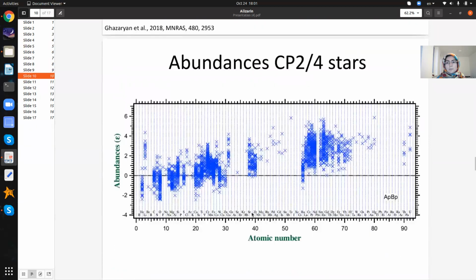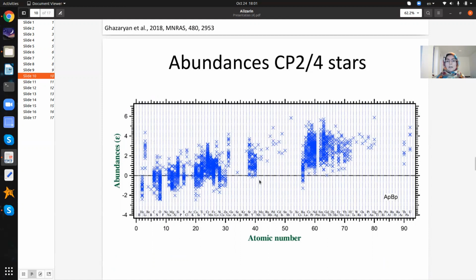But for CP2 stars up to CP4 stars, which have a magnetic field, we see that the abundances are higher than 0.